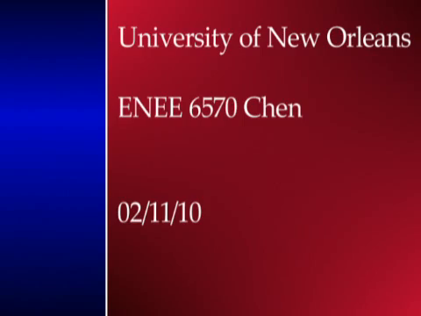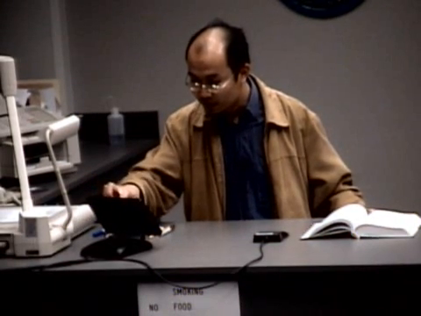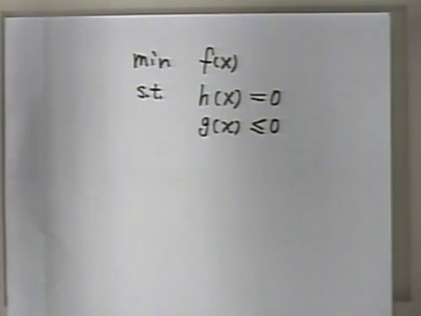Okay, so last time, I think we basically talked about constraint optimization. Maybe let me try to recap important concepts of constraint optimization for the problem that we are going to consider. The objective function can be linear or nonlinear.